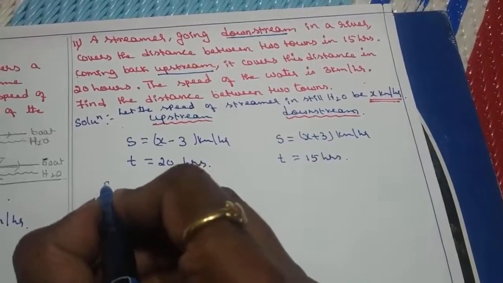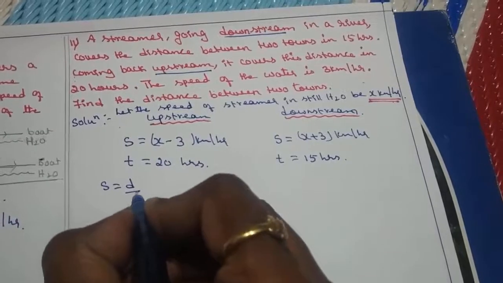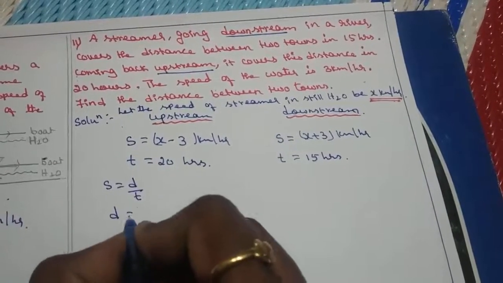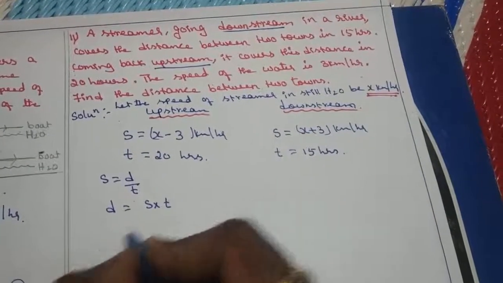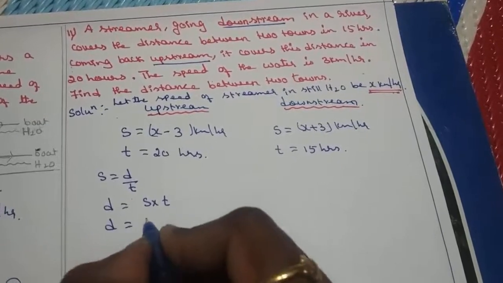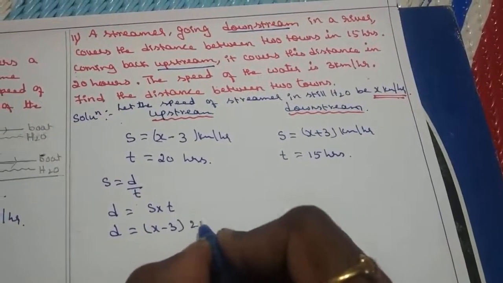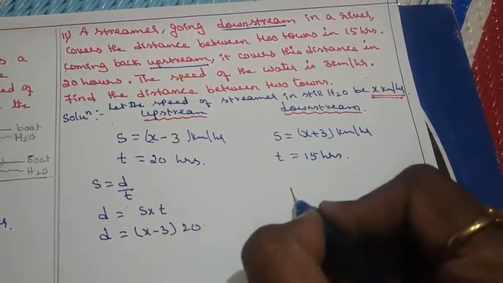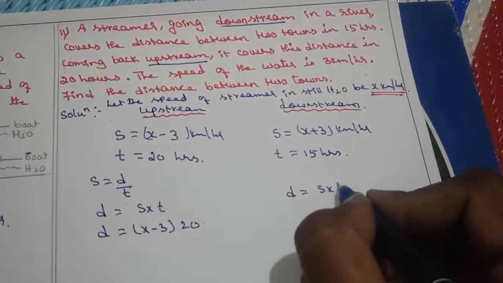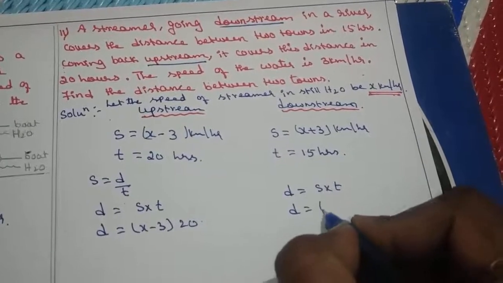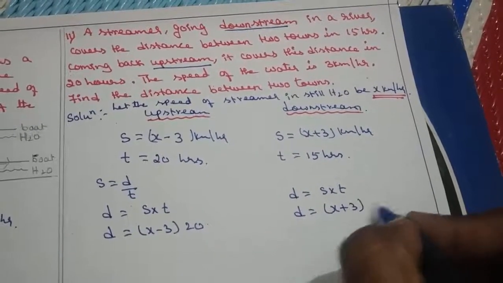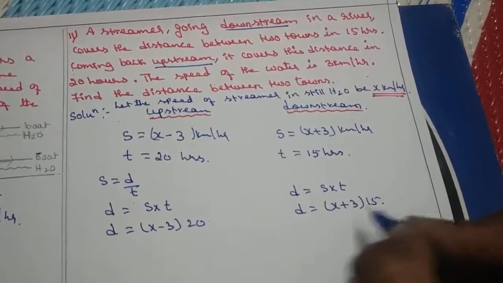Now we know that speed is equal to distance by time, then distance equals speed into time. Distance equals x minus 3 into 20 hours. Here distance equals speed into time, then distance equals x plus 3 into 15 hours.